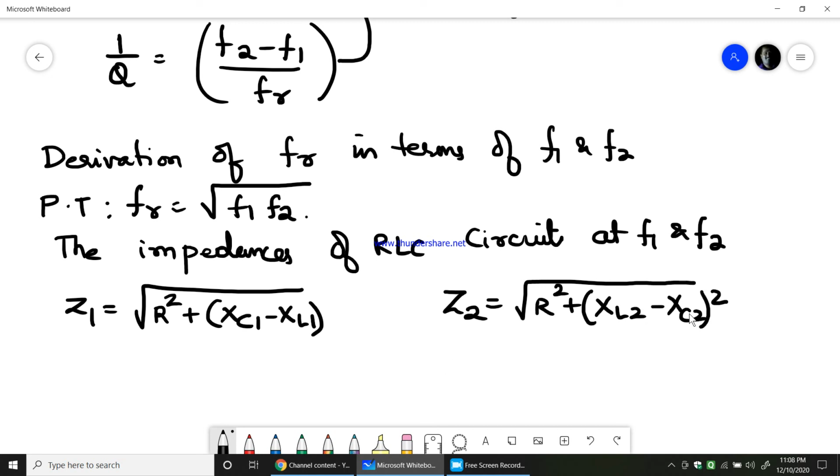At f2 we see xl is greater than xc, and at f1 we see xc is greater than xl.